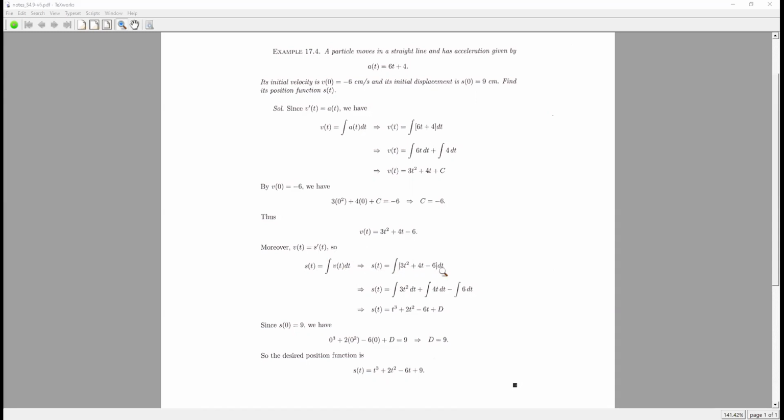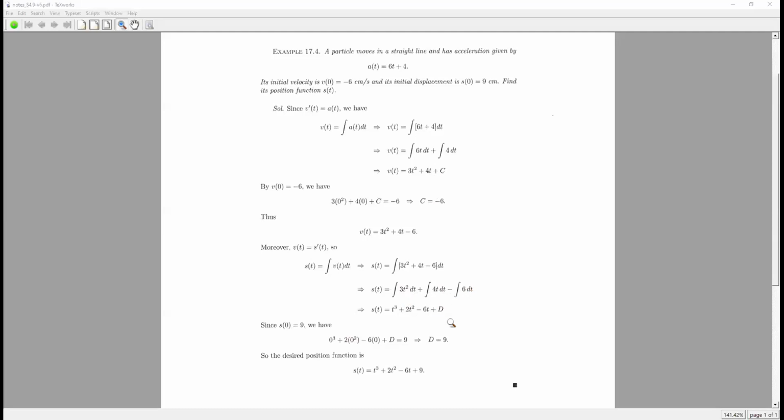Split this integral into a sum and a difference, and then find the antiderivative for each of the three integrals. Then we get s is this. d is an arbitrary constant. I use d here because I have used c here.